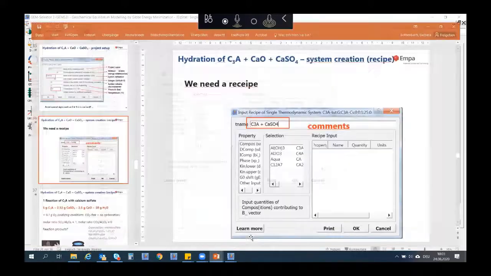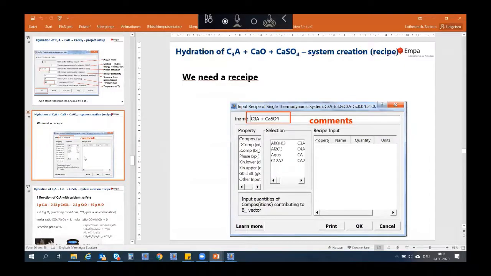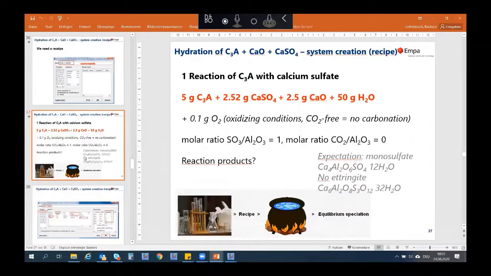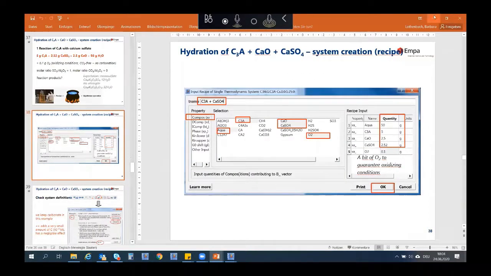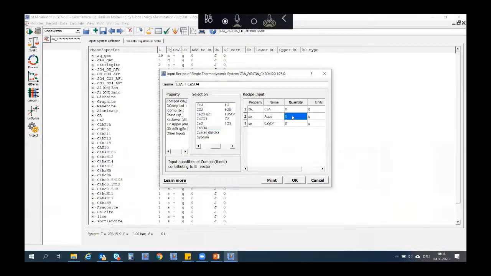And now I have again to check in my slides. In my slides, we said we need 5 grams of C3A, 2.25 grams of calcium sulfate, a little bit of calcium oxide plus water, and see what's happening. So that's what we're going to do. So in our experiments, we had 50 grams of water.